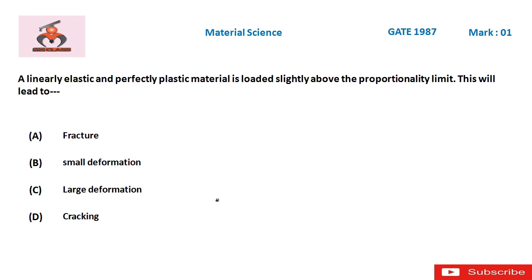So first understand the term linearly elastic and perfectly plastic material. It is nothing but the brittle material. For the brittle material, we can see the stress strain curve like this. After the elastic limit, there is a large deformation. So answer C is correct.